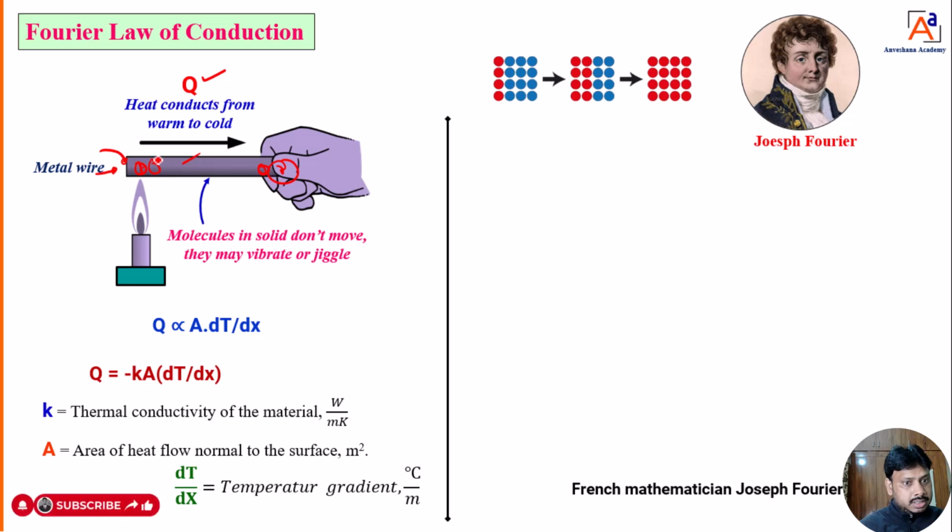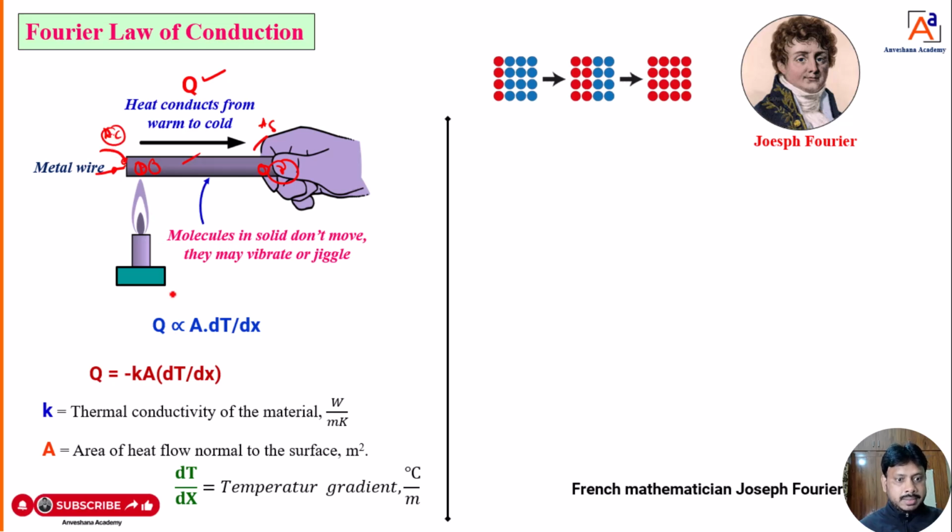Dear students, when it comes to a rod, you can have two areas: one is the surface area, A_S, and another is the cross-sectional area. But in Fourier's law, you have to consider the area that is perpendicular to the direction of heat flow. If you are supplying heat at this end, the perpendicular area will be the cross-sectional area that you need to consider.